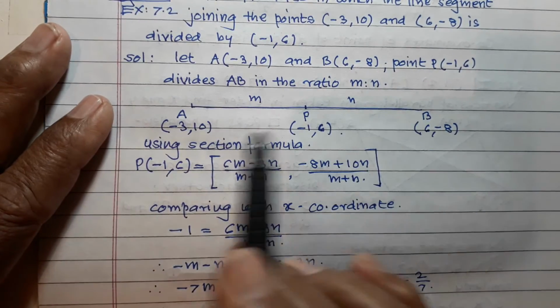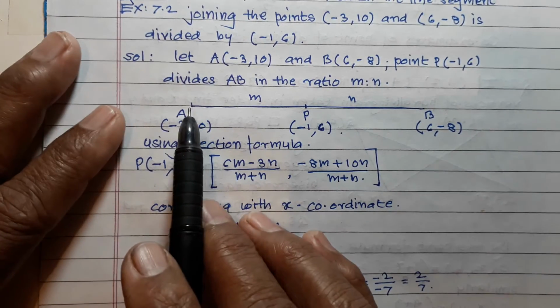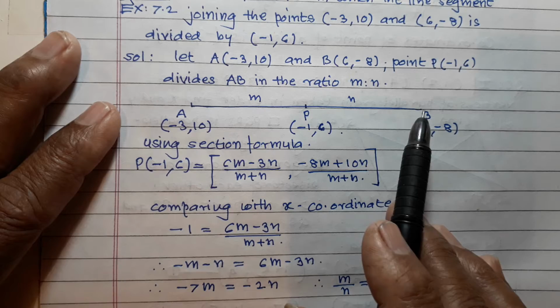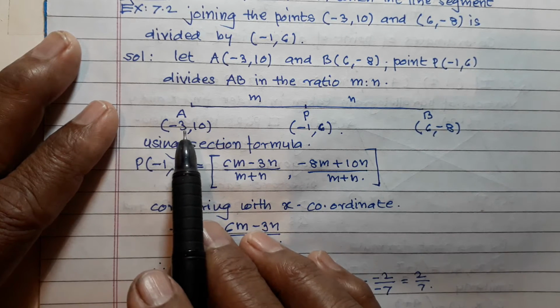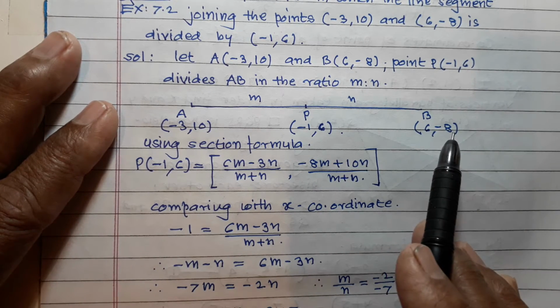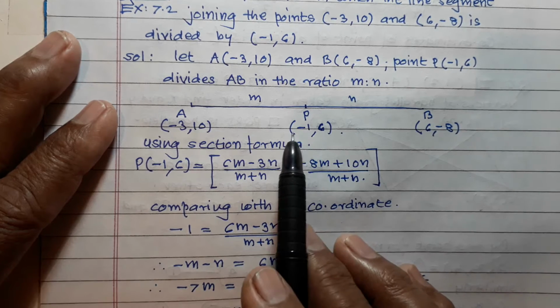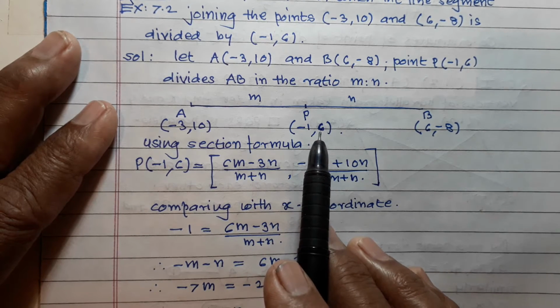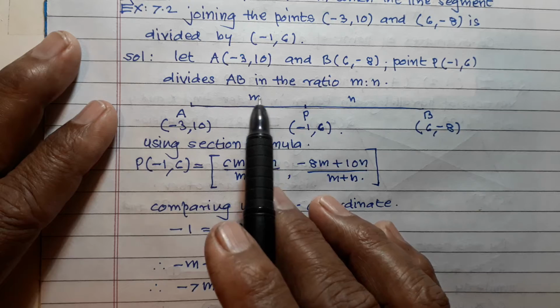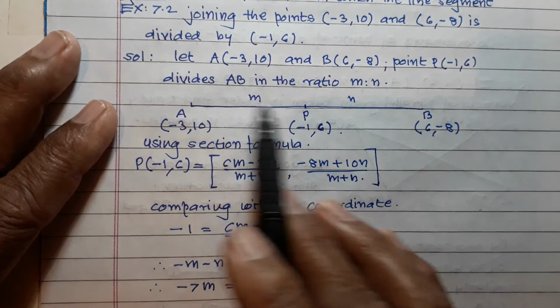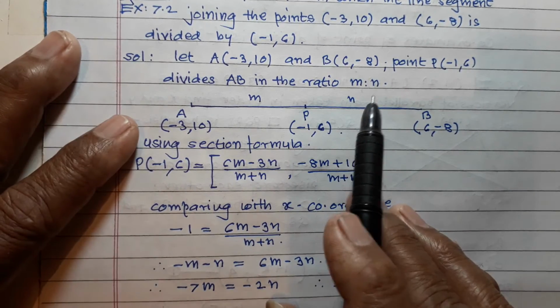Then draw the figure. This is point A, this is point B. A is (-3, 10), B is (6, -8), P is given as (-1, 6), and the ratio is m:n. So this part is m and this part is n.